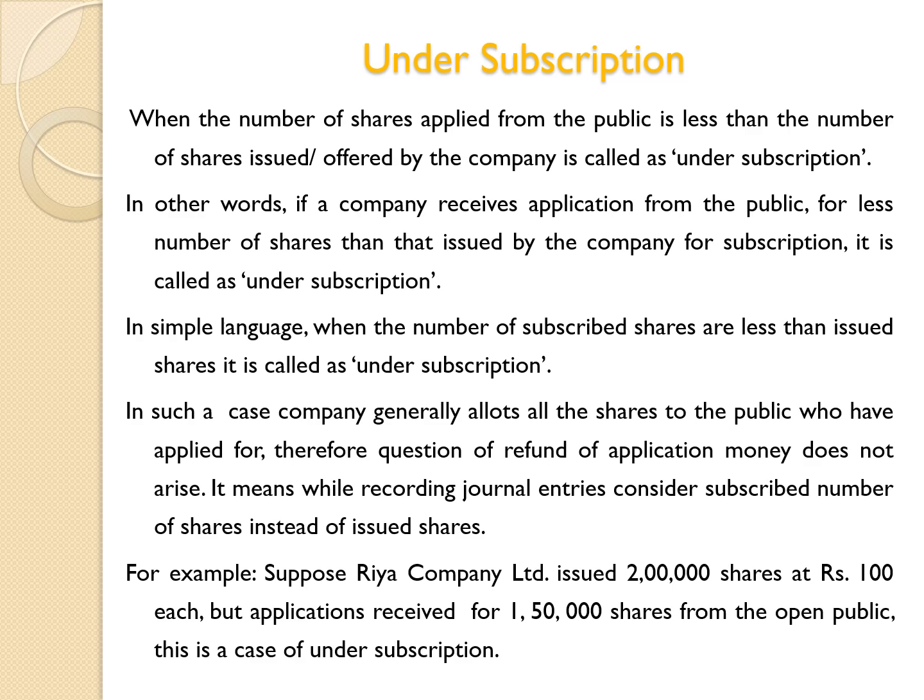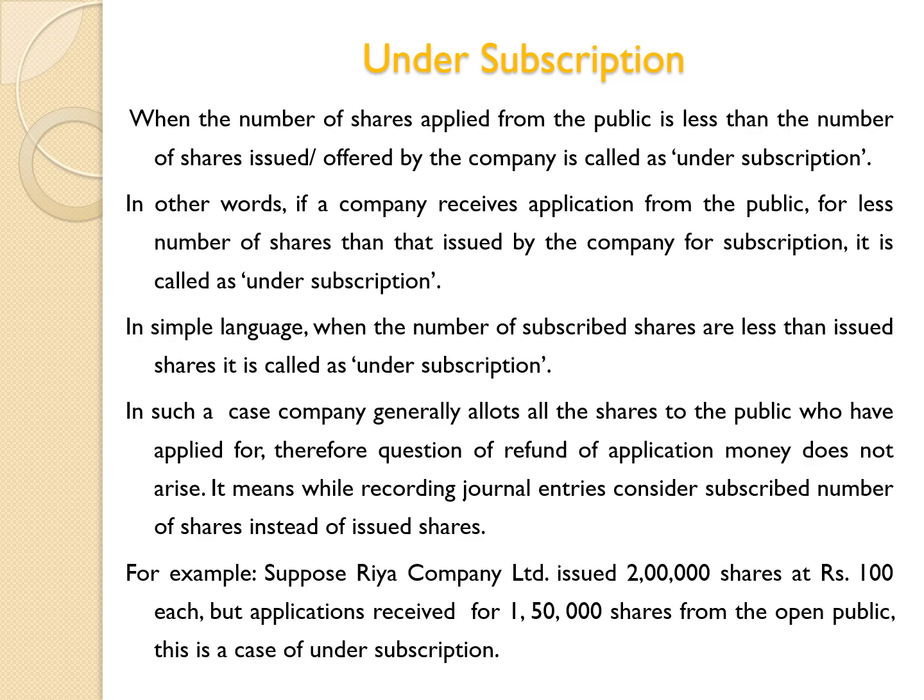It means while recording journal entries, consider the subscribed number of shares instead of issued shares. While passing entries in case of undersubscription, we consider only subscribed shares instead of issued shares.